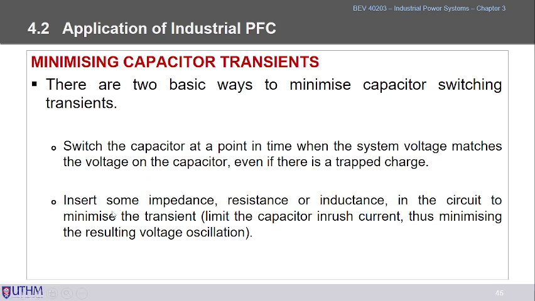And the second one, which is more practical, is we can insert some impedance. After we calculate, we can insert some reactance or inductance in the circuit, so that we can absorb some of the transient currents, or the inrush current here, and try to minimize the voltage oscillation.